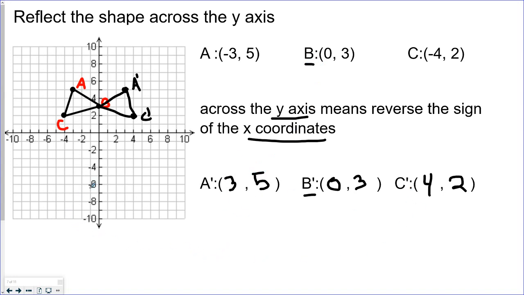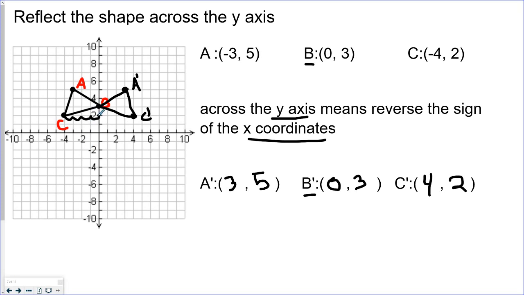Another way of doing reflections, just real quick here, is you can also do it by jumps. So if I'm folding across the y-axis, I can count how many spaces the points are away from the y-axis and do that same movement on the other side. So for example, C here is 1, 2, 3, 4. C is 4 jumps away.